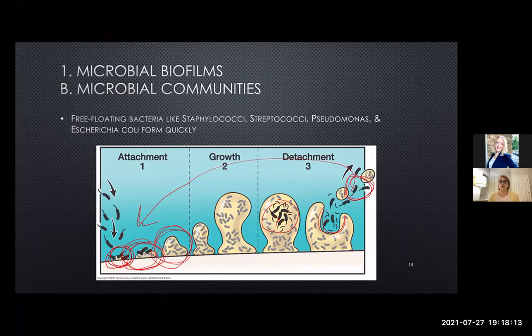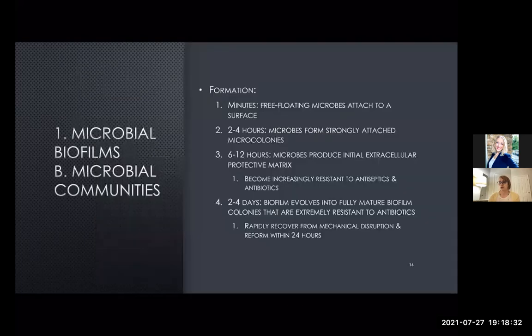So these all form very fast and can cause a lot of issues. What you and I are mostly concerned with here are the streptococci and the staphylococci, because those are also considered normal flora. Some species of staph and strep are normal. So we do have those floating around all over our bodies.